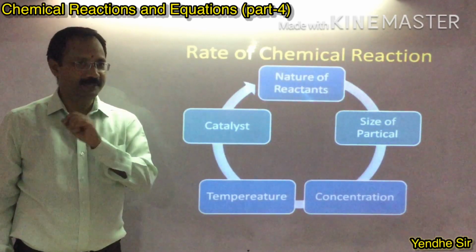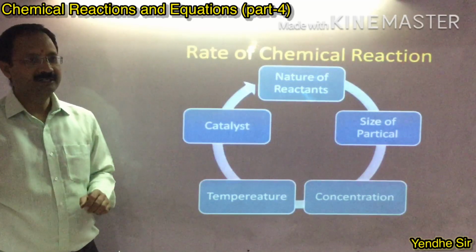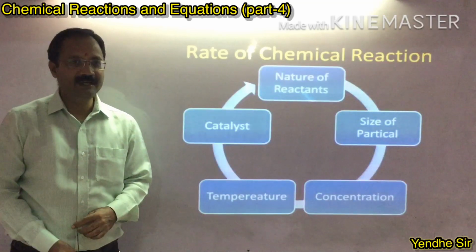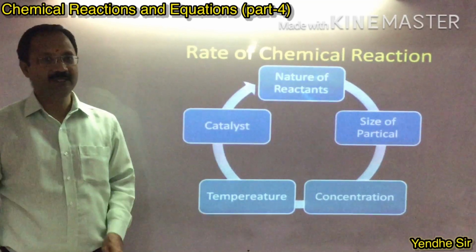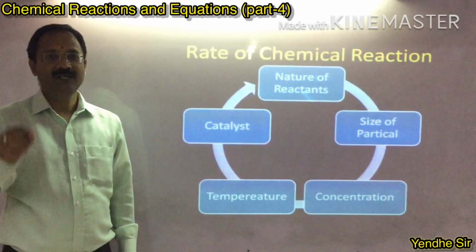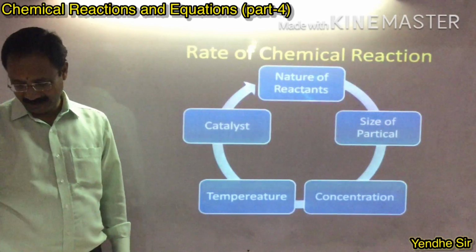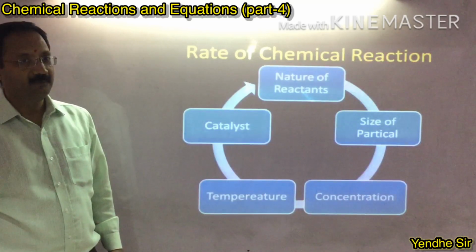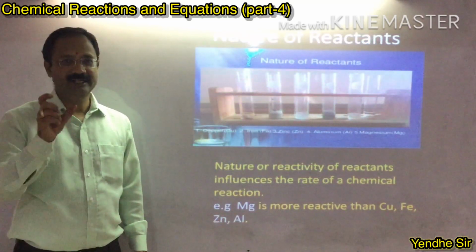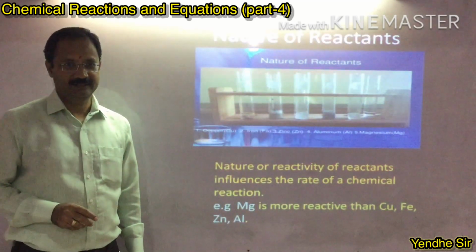Then temperature. And the last one is a catalyst. These are the 5 points you have to remember. These are related to the rate of chemical reactions. Now let's see one by one. The first one is the nature of the reactant.